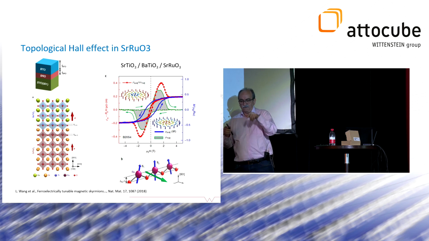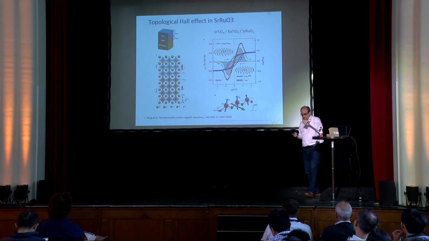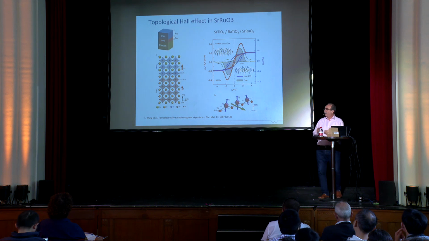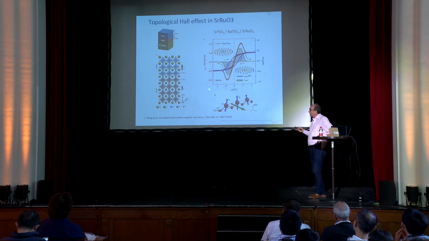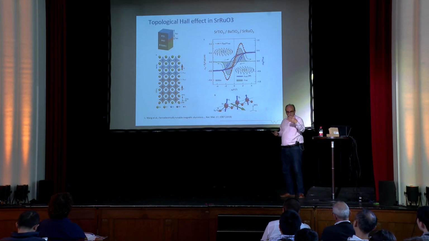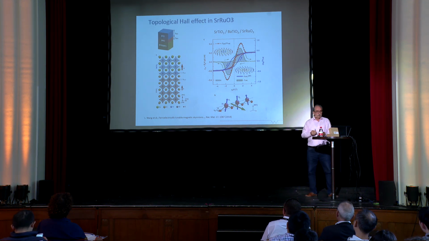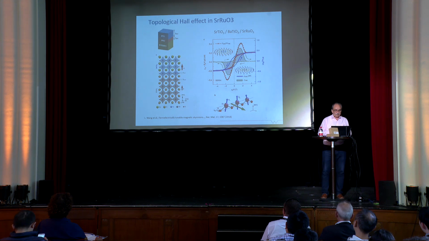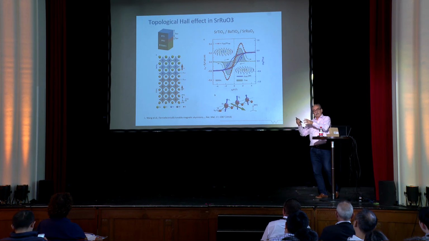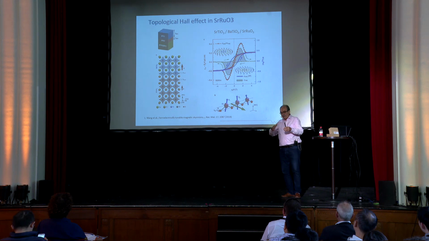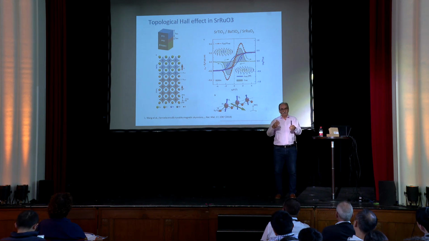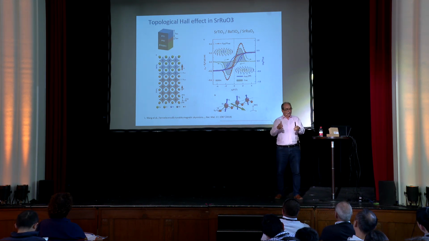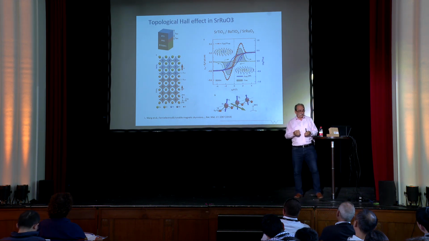Actually, the main driving force was a paper from Tae Won Noh's group, when they claimed that if they put barium titanate, which is a classical ferroelectric material with relatively strong polarization, under strontium ruthenate, they get a massive topological Hall effect, and that has been attributed to the existence of magnetic skyrmions in the strontium ruthenate.